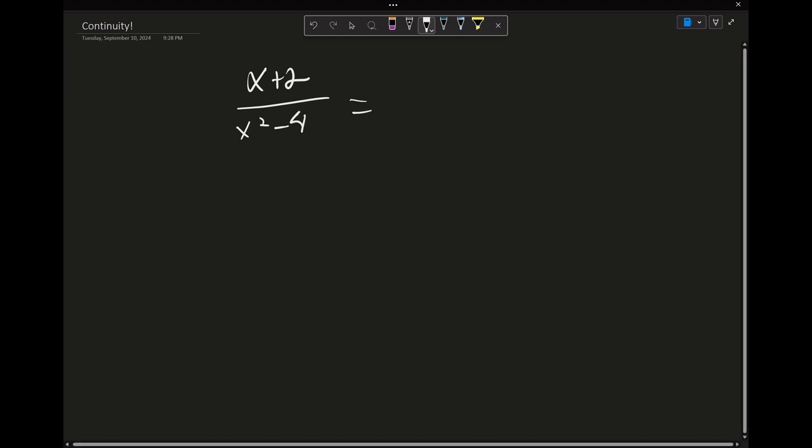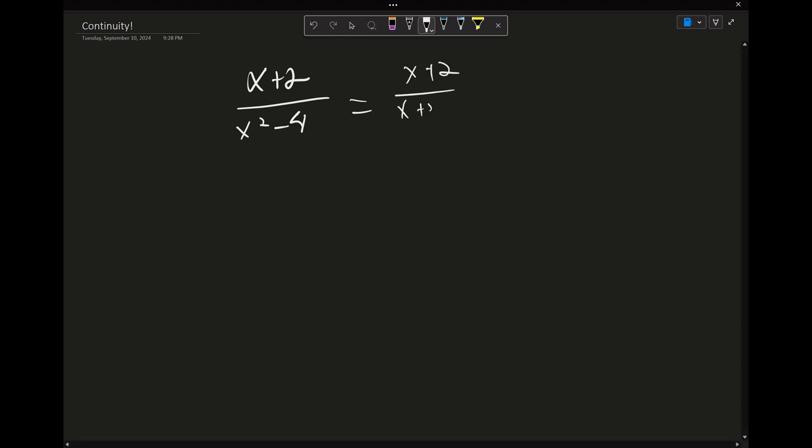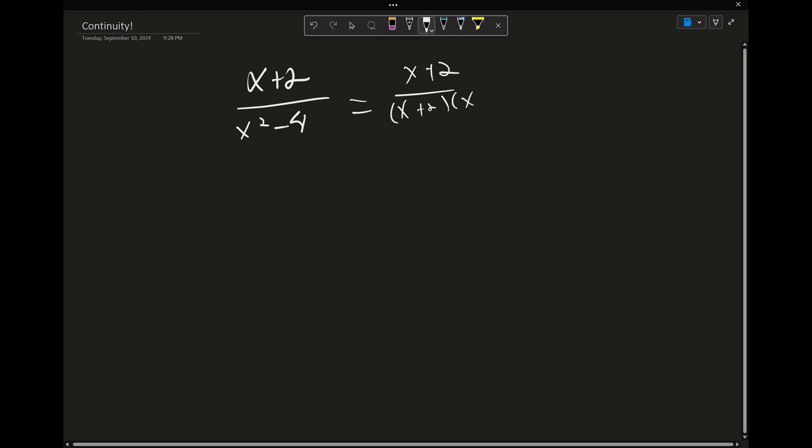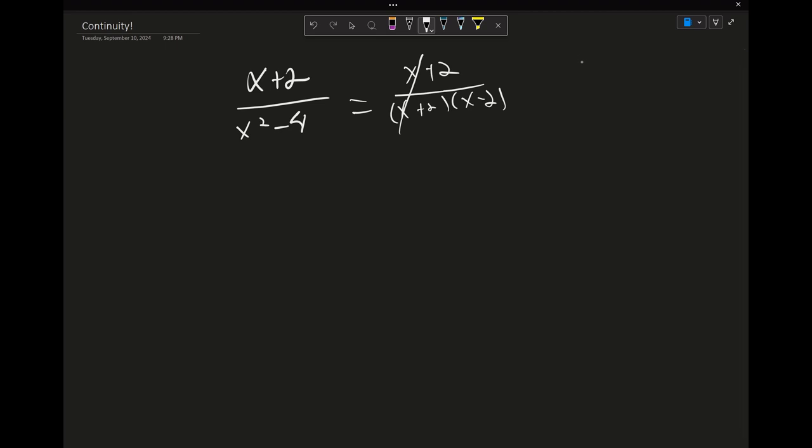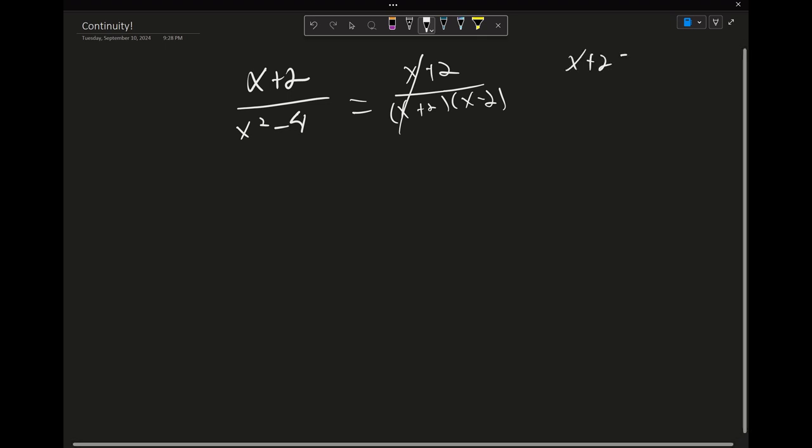If we expand the bottom, we get x plus 2 over x plus 2, x minus 2. And we can see here that we can cancel out these x plus 2's. But when we cancel out these x plus 2's, we have to account for that in this case, with this equation, if x was equal to negative 2, our expression would have been undefined. Therefore, we know that there is a hole at that value of negative 2.